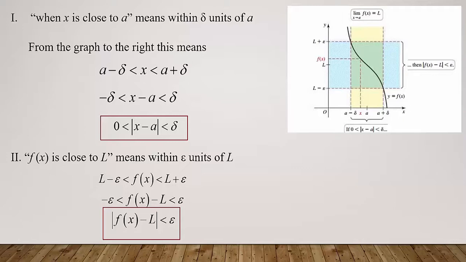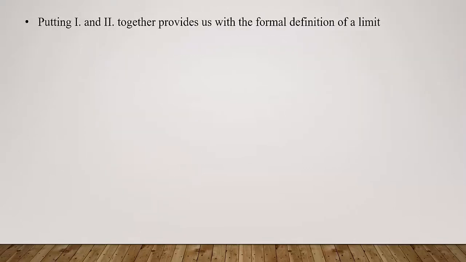It tells us what it means to be close, and it tells us how close is close enough. In fact, I can take what's in the red boxes here, part 1 and part 2, and put those together and write the official, real deal, formal definition of a limit. And here is the real deal, formal definition of a limit.